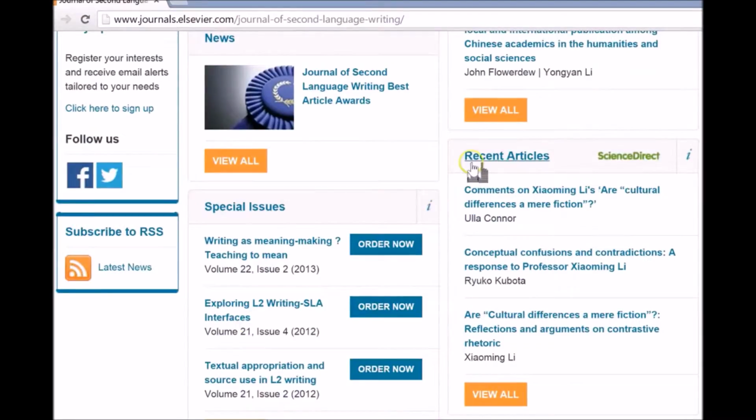Finally, down here you see the most recent articles, and it has to do with some kind of debate over whether there are cultural differences between different languages in terms of your rhetoric. These are special issues. Special issues refer to issues of this journal that are all on one topic.